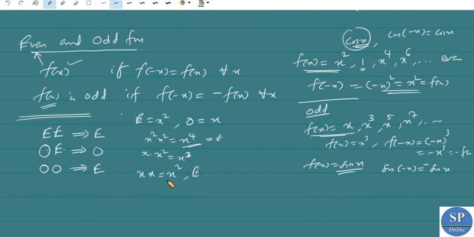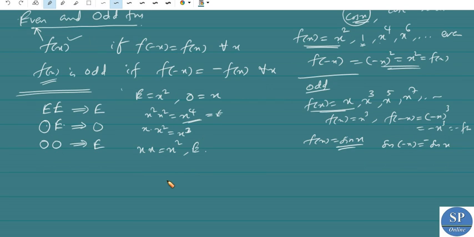Okay, now what about the graphs of even and odd functions? So the graph of an even function is symmetric about the y-axis. Another example of an even function is mod x. Mod x is another example of an even function, because modulus of minus x is nothing but modulus of x itself.